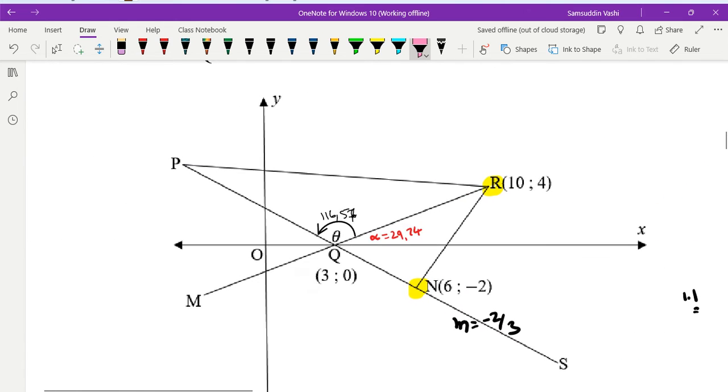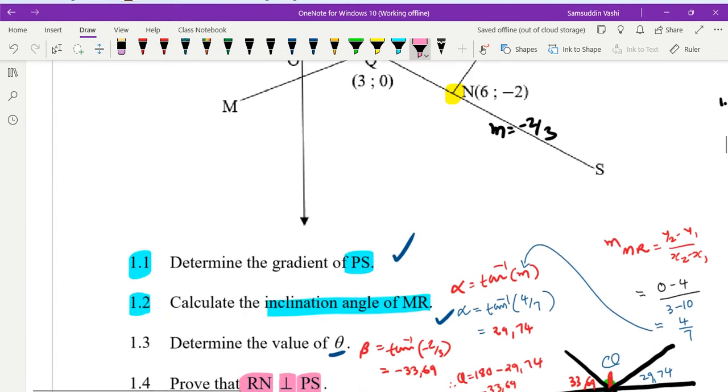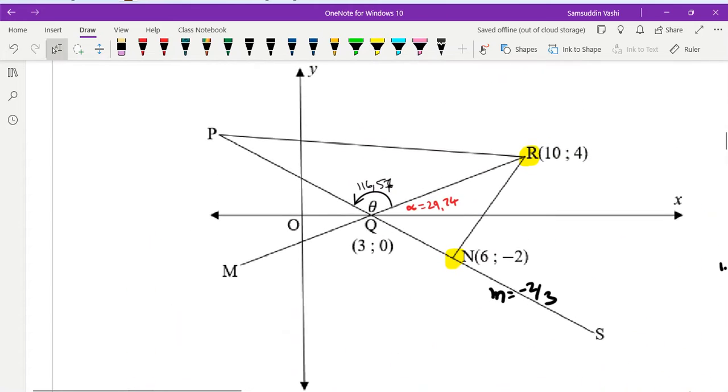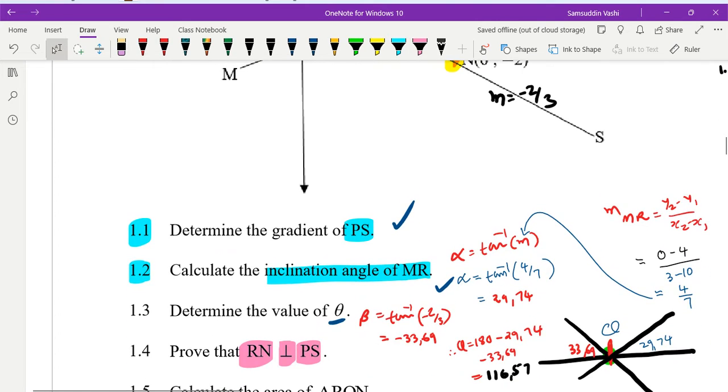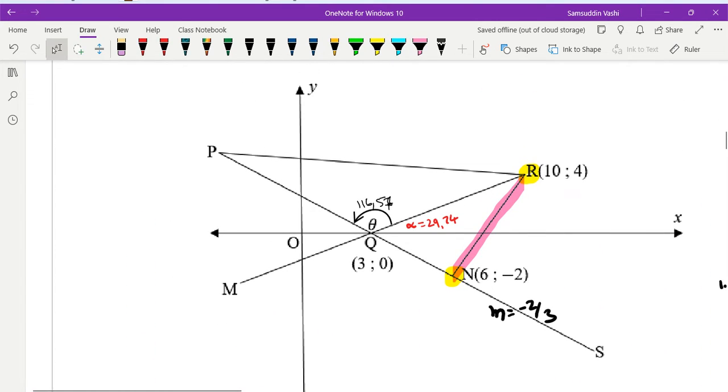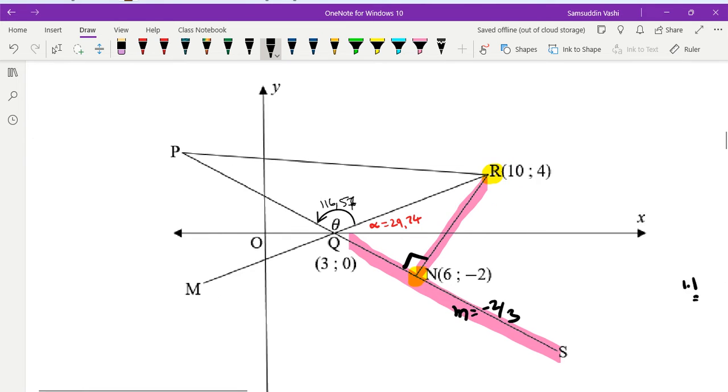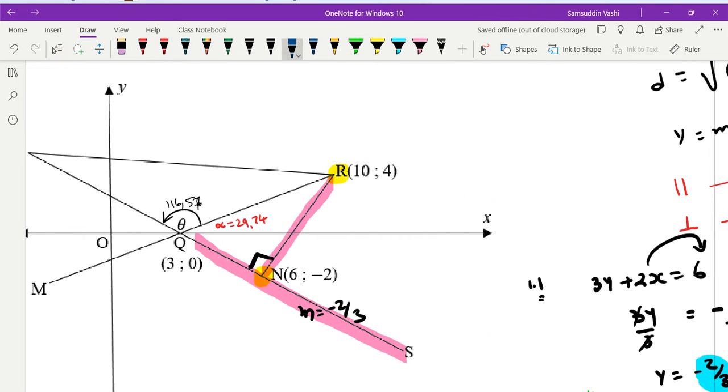So which two lines are they talking about? RN. So I'll mark. Okay. RN, I don't have a gradient yet. And PS. Okay. That gradient I have. All right. So I need to prove this one is 90 degrees. All right. So I will calculate the gradient of RN.